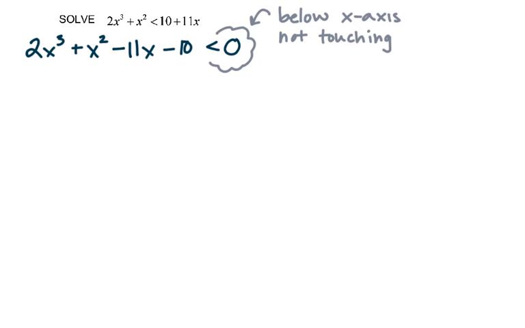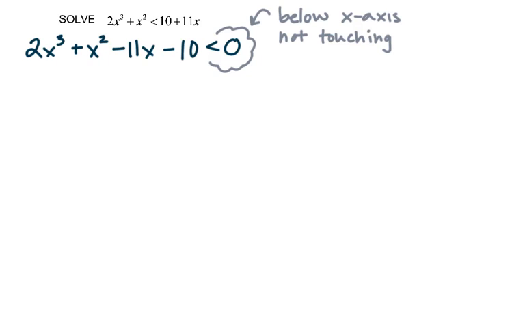Okay? So we need to factor this. We're going to treat this like an equation equal to 0 and factor it. We don't know how to factor this. Well, we can use our rational zeros theorem, which we talked about in the previous section.